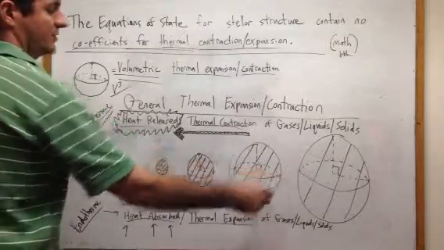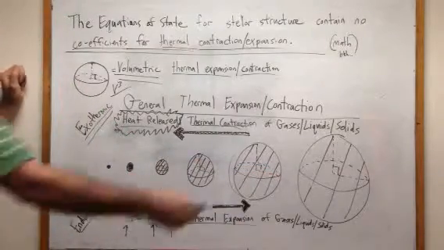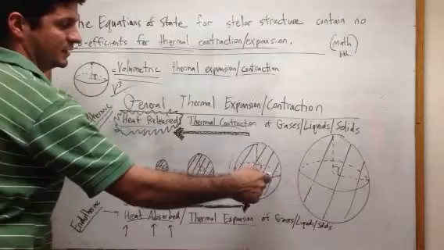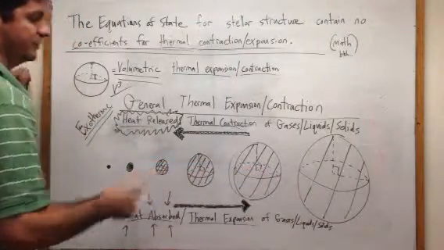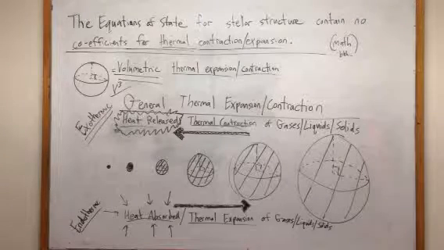So it's kind of strange how the object becomes more disorderly, but also becomes more orderly as it evolves and differentiates itself. I just thought I'd point that out.